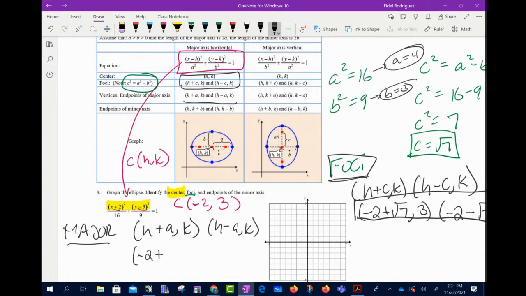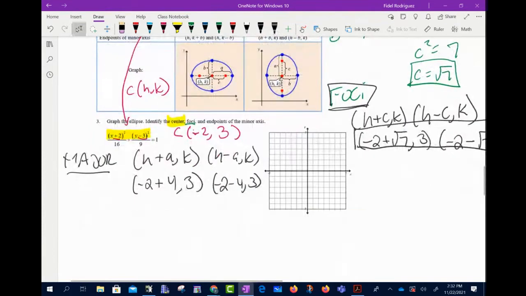Okay, so we're going to go negative 2 plus 4 and k, which was 3, and negative 2 minus 4 and k, which was 3. So this is going to give me, negative 2 plus 4 is 2, so (2, 3), and negative 6, so (negative 6, 3). Okay. Let's do the same thing, y'all, for the minor axis.